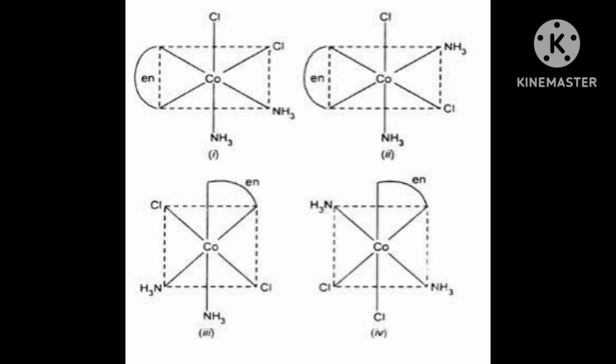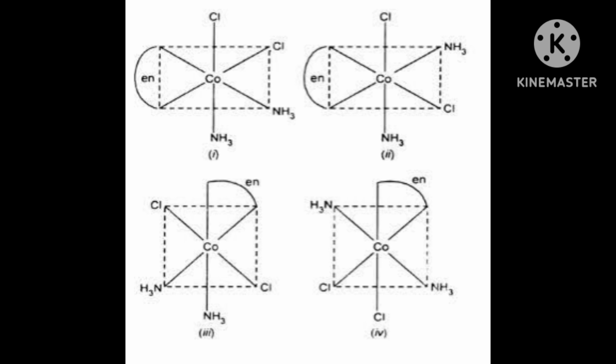Here I was talking about 3 en. Each en will make two bonds. Suppose all are at equal distance; 360 degrees are there, so you can consider 120 degrees, all at equal distance.